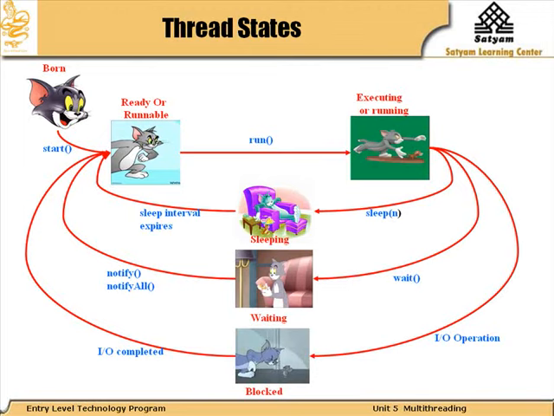On completion of the thread execution, the Tom thread gets destroyed. It implicitly calls the destroy method. Here is the dead Tom. This was an example to make you understand the different states of a thread.